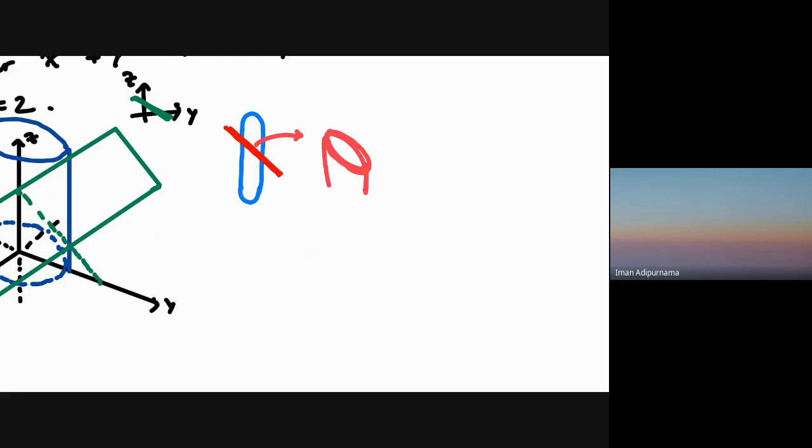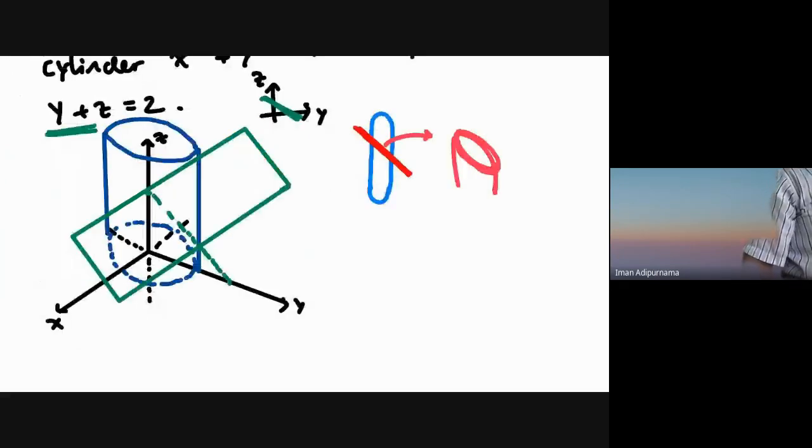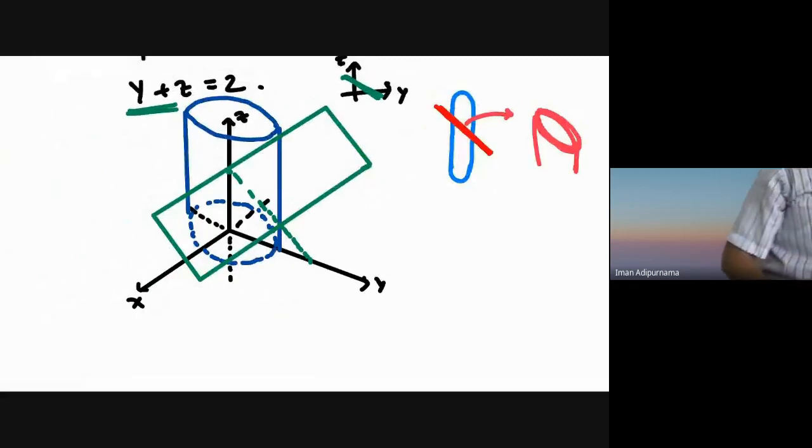So something similar here, you will have an ellipse structure. So maybe it will be, oh wait, wrong.